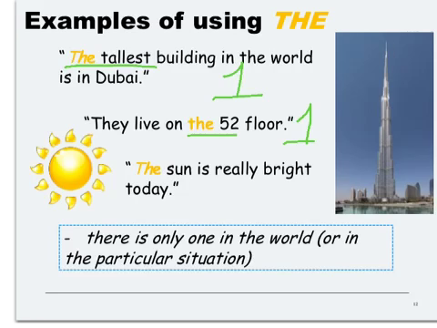And finally, the sun is really bright today. We all know that we only have one sun. So in all of these examples, we're using the because there is only one in the world or one in the particular situation, such as the 52nd floor of a building.